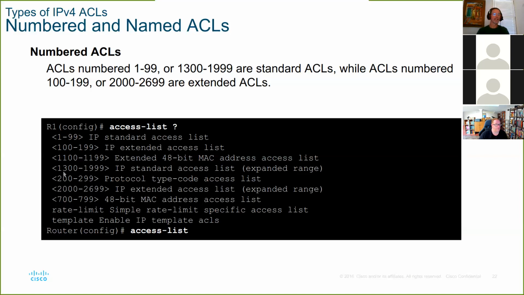So they created these extended pools. 1,300 to 2,000 roughly is standard, another range for standard, and 2,000 to 2,700 roughly is extended ACLs. You can do 48-bit MAC address lists in the 700 to 799 or 1100 to 1199 ranges.